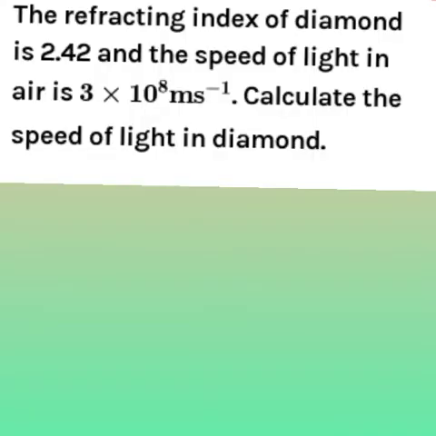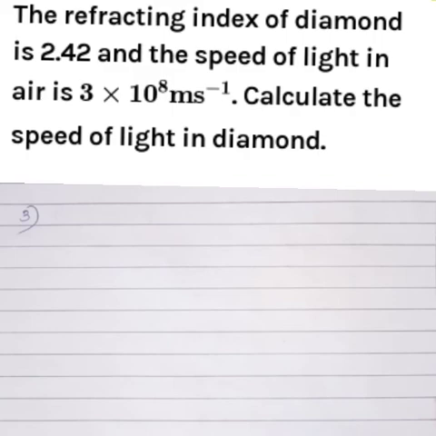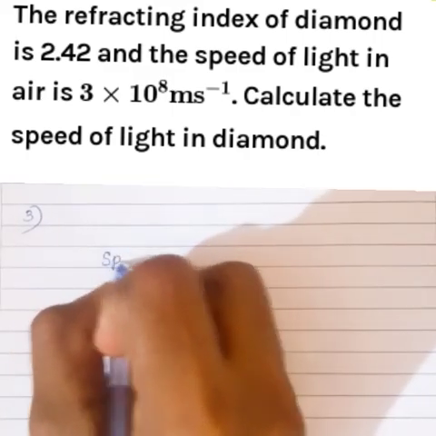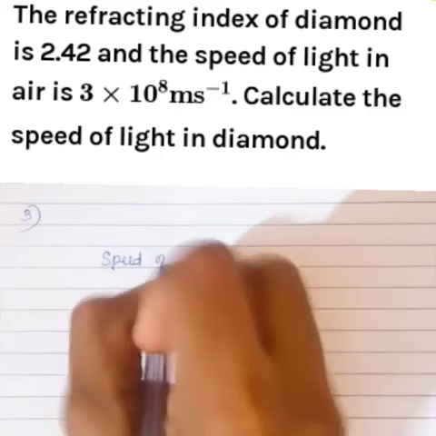Then the third question is, the refractive index of diamond is 2.42 and the speed of light in air is 3 into 10 raised to 8 meter per second. Calculate the speed of light in diamond. Okay. So here you have to find out the speed of light in diamond. So how can you find the speed of light in diamond?